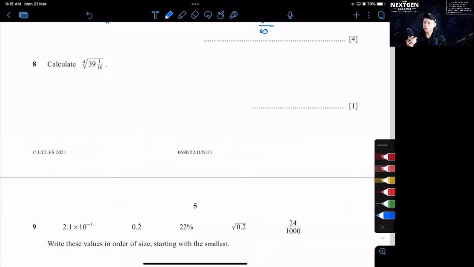Depending on which model, I have the MS here, I have the EX here, both have slightly different input. I won't go through how to type it in for both, but as long as you type it in correctly, you should get the correct answer. Don't type it wrongly. The correct answer will be 2.5.